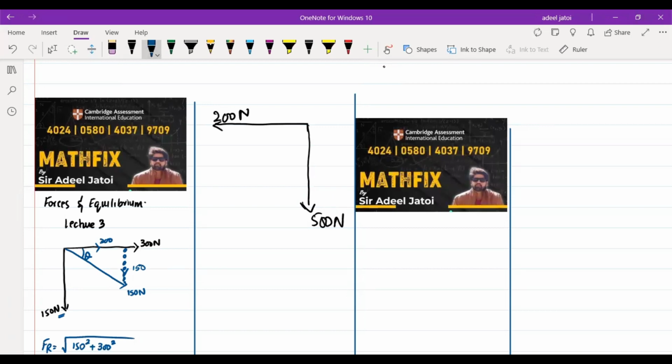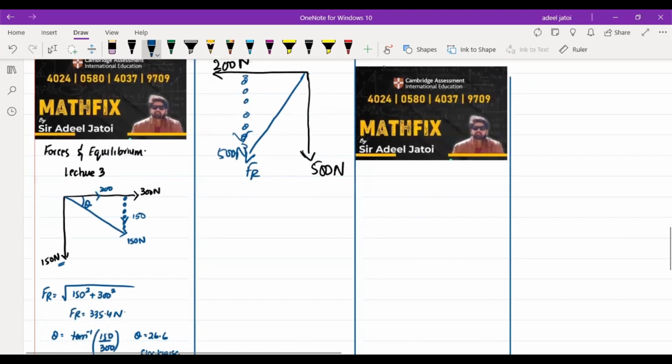Considering this, the force will go somewhere here and this should be FR, knowing the fact that it will have the force upwards of the same 500 Newton. So your FR will be under root 500 square plus 200 square. So your FR will be 538.5 Newton.